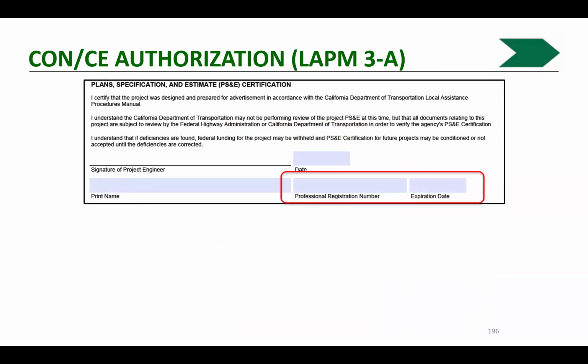And Peter, we had a question about signatures on the right-of-way form, and I think it's important to note, if we're requiring a signature to be done by somebody who's registered, like here, we state it on there, and they have to put their registration number. That is correct. The question was on the right-of-way cert, does it need to be signed by a professional engineer?